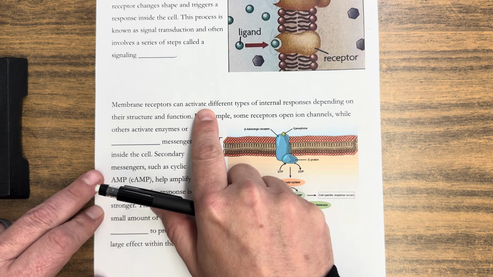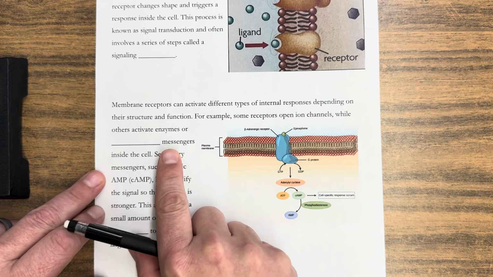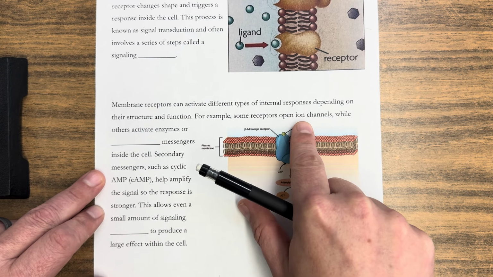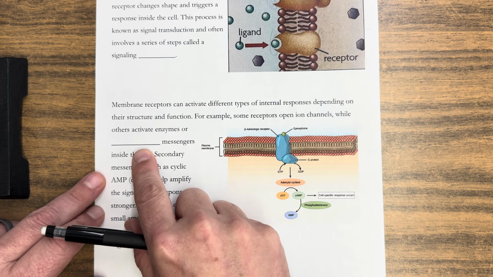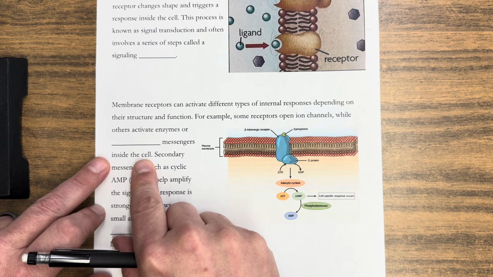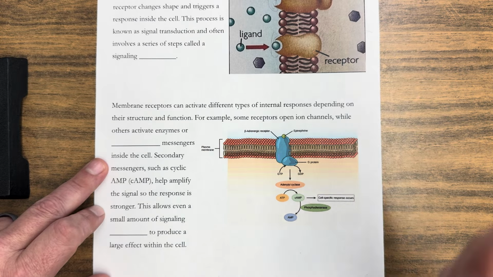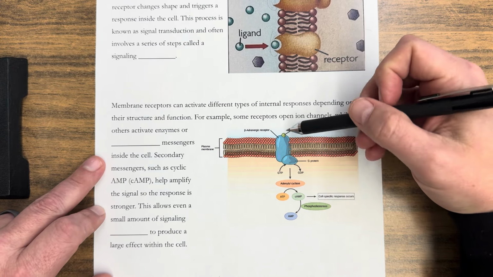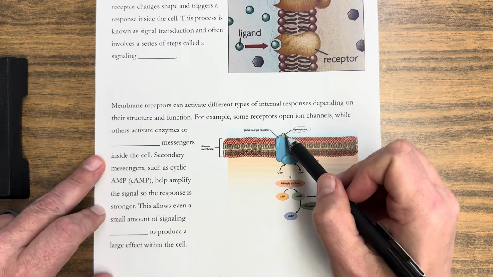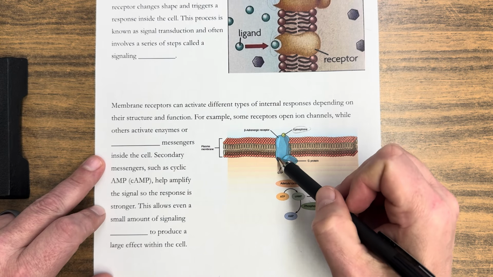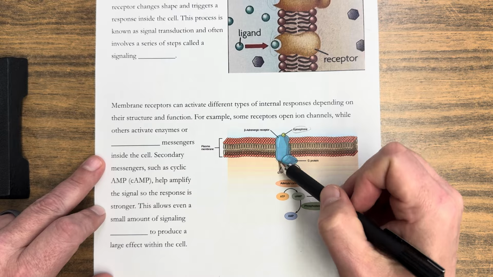Membrane receptors can activate different types of internal responses depending on their structure and function. For example, some receptors open ion channels while others activate enzymes or secondary messengers inside the cell. And this is one of those where it's activating enzymes and secondary messengers, because you've got your ligand here that's going to bind to this membrane receptor, this protein.